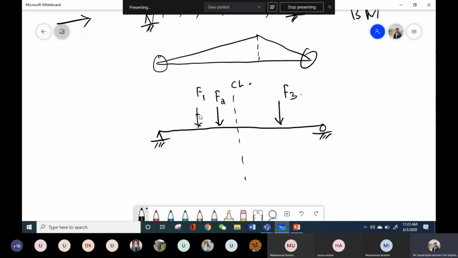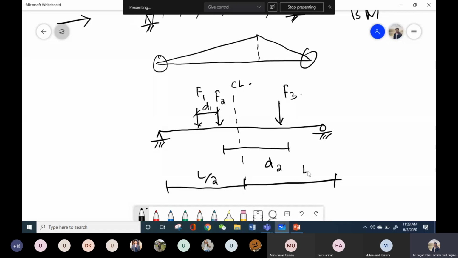I have been given these distances in the question statement, or I know these distances. This distance is t1, this distance is t2. The entire length is L, and this length is L by 2. This length is also L by 2.